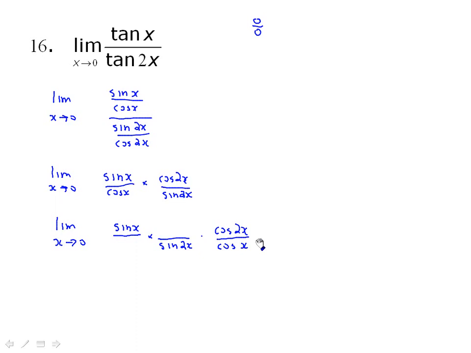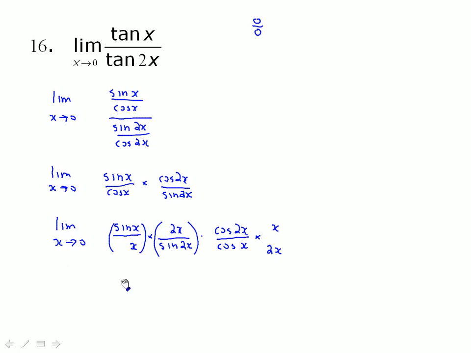So I'm going to keep them off to the side and just deal with the sines. And all I need to do now is introduce an x on the bottom to make this one go away, and then a 2x on top. Now, of course, in doing that, I need to balance it off by introducing an x on top and then a 2x on the bottom.